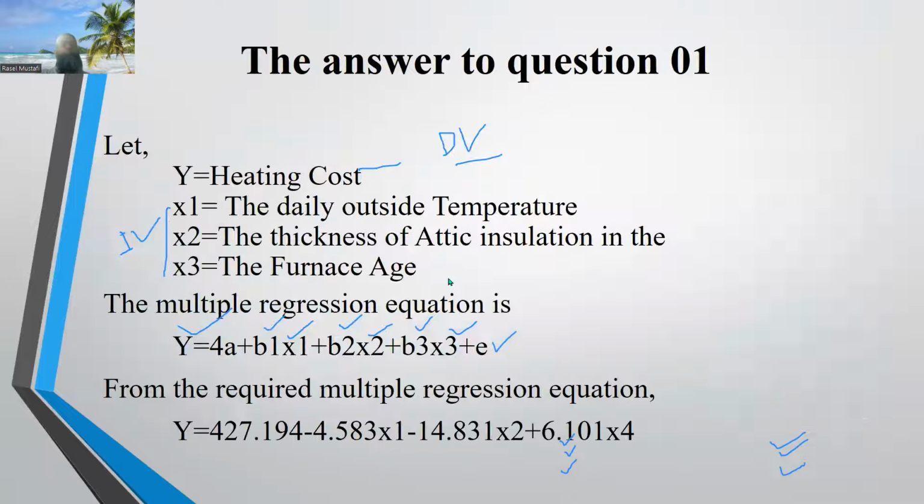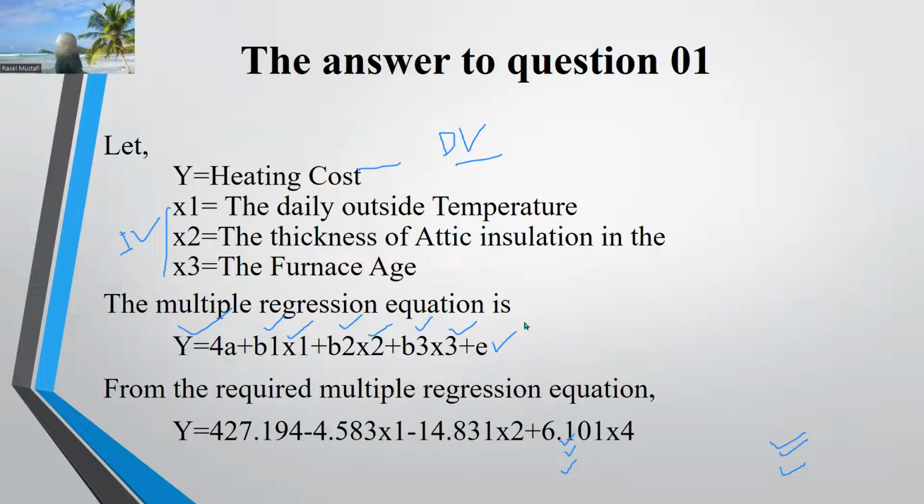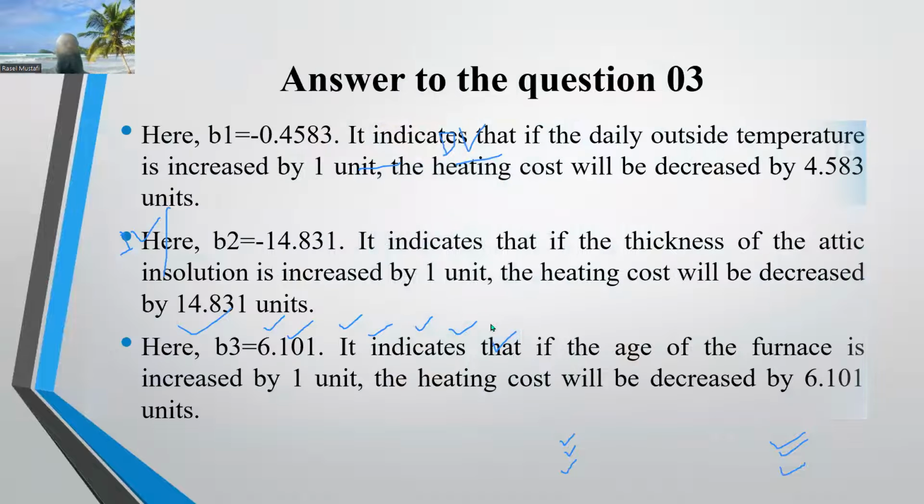Question number 3. Discuss the regression coefficients. What does it indicate if some coefficients are positive and some are negative? What does it mean? Okay. Here, from the regression table, beta B1 equal to minus 4.583.